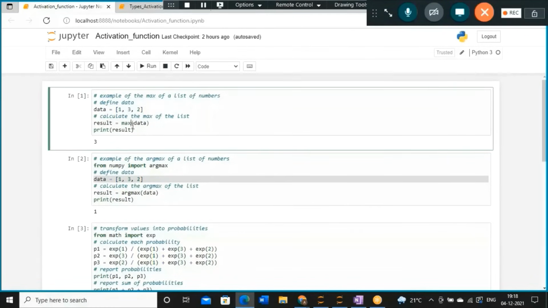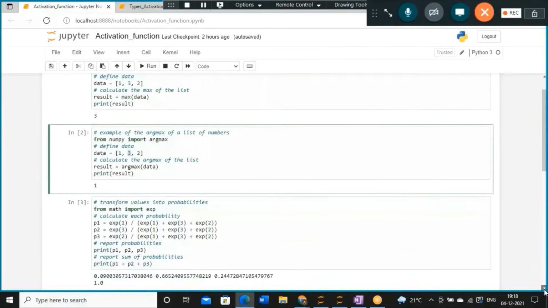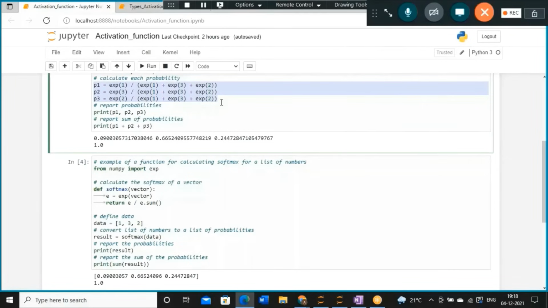In our case, I have already considered the data values 1, 3, 2, and 3 is the maximum value. That's why max is giving the output as 3, but argmax is giving the index of this, but softmax is giving the probabilistic weightage which is applied on the maximum value 3. Means after calculating the probabilistic estimation using the formula mentioned over here, the maximum weightage is given over here.